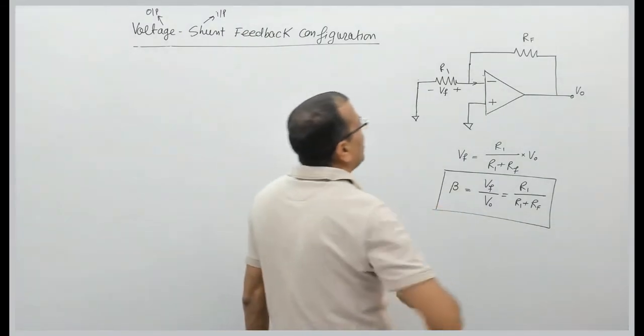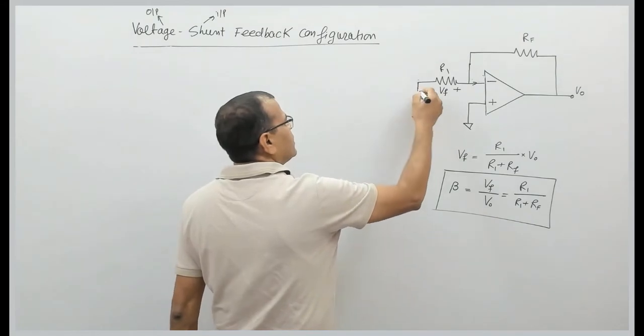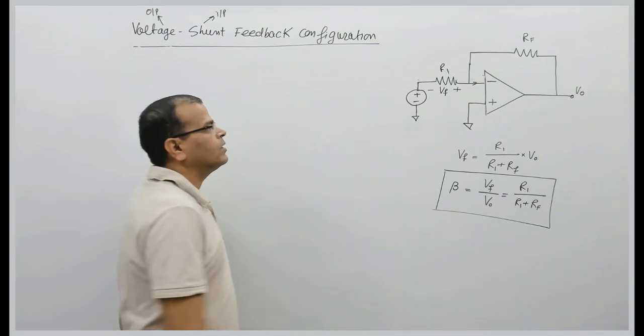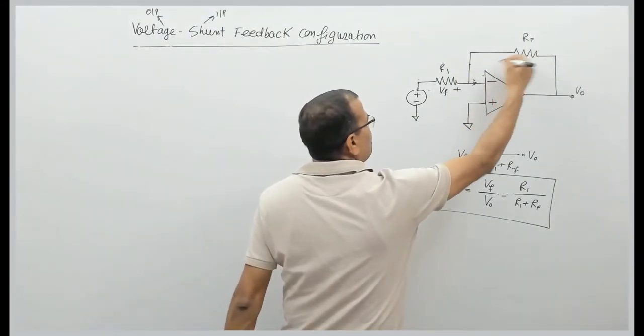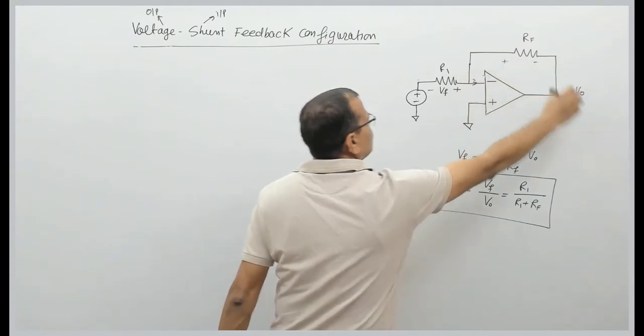Now if you consider this as the signal, let us see the output voltage. Considering this current is 0 here, when there is no current, some part of the input voltage reaches the output. This will be plus, this will be minus.